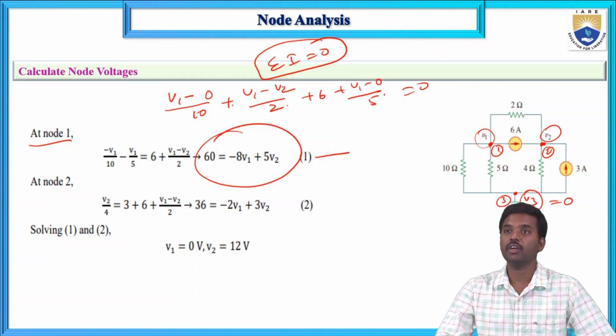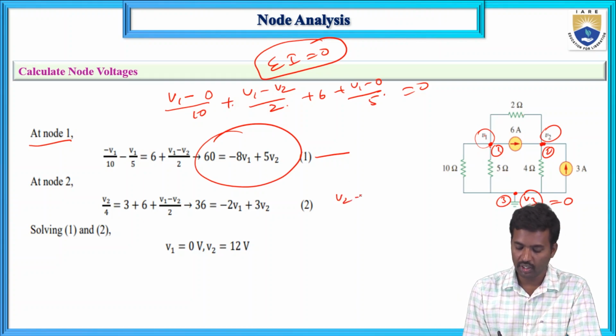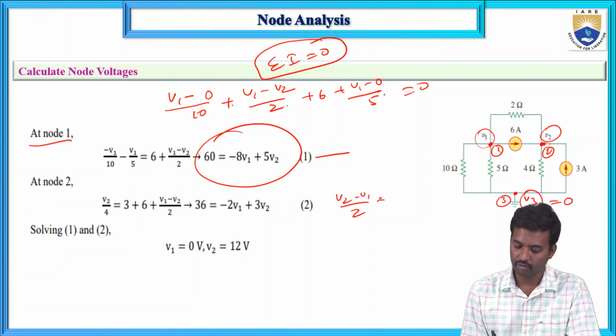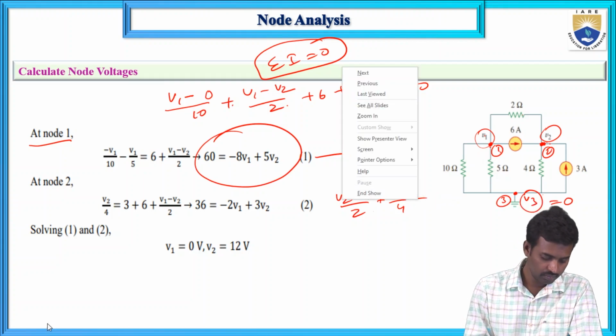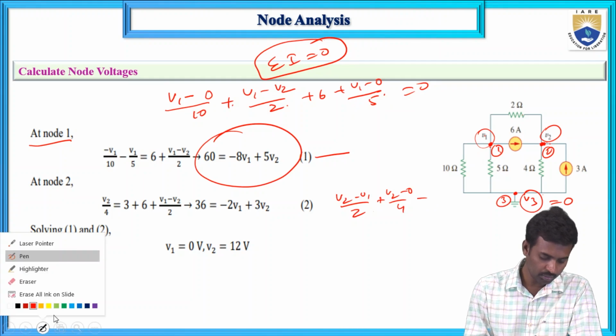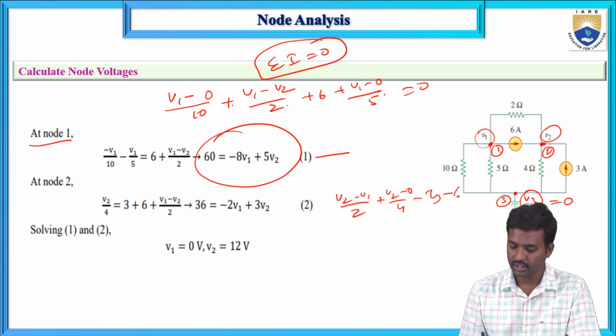Now the second mesh equation, apply KCL at this node. So (V2 minus V1) by 2 and (V2 minus V1) by 4, V3 by 4, (V2 minus 0) by 4. It is entering current, that is LHS side. Let me change the color over here. So now this is minus 3 amperes, it is entering current, and 6 is entering, plus minus 6.